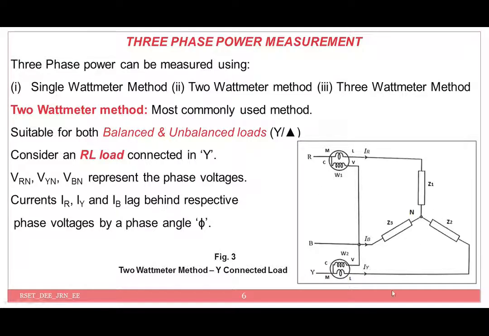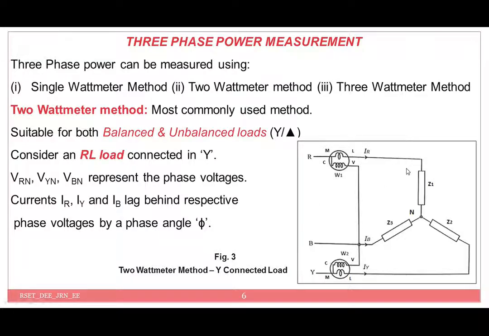So this represents a 3-phase load which is connected in star, and let us assume that Z1 is not equal to Z2 and not equal to Z3. According to the syllabus, you need to study only the 2 wattmeter method, which is the most commonly used one. It can be used for both balanced and unbalanced load, and for star connection and delta connection.